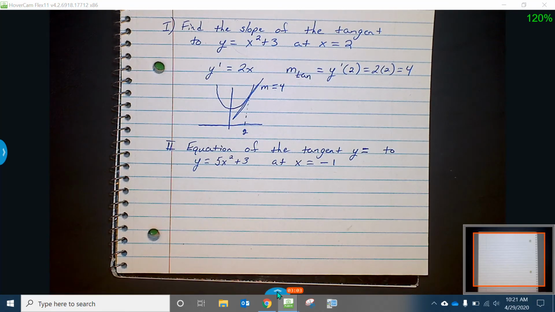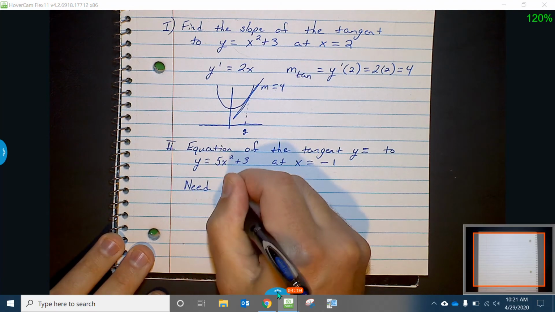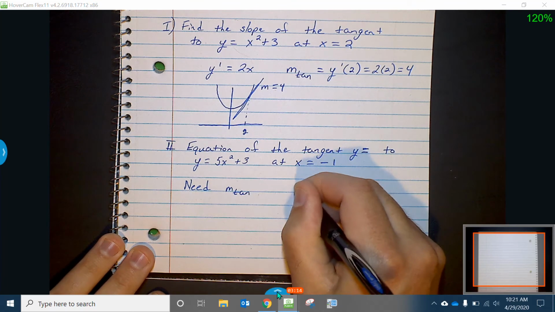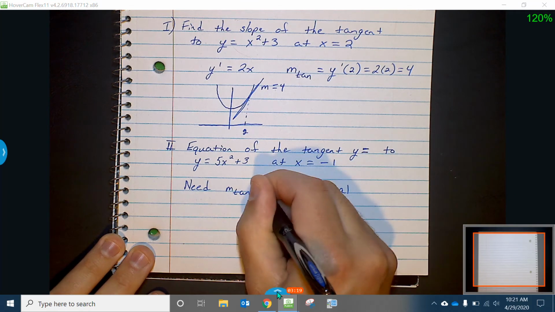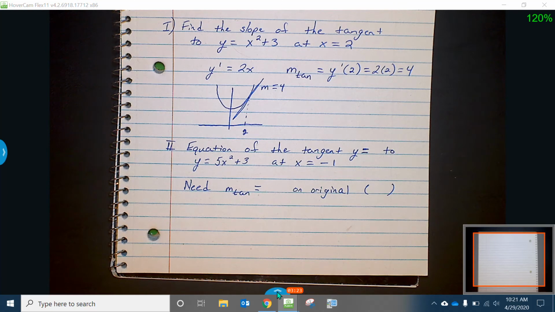Okay, so to write an equation of the tangent, you need the m tan, and you need the point on the original curve.